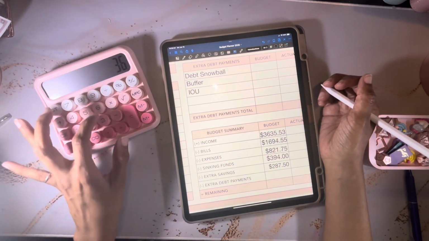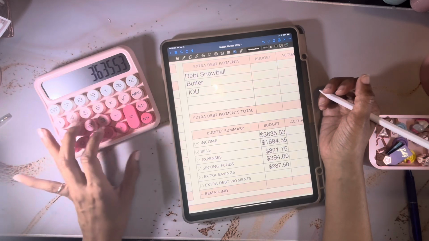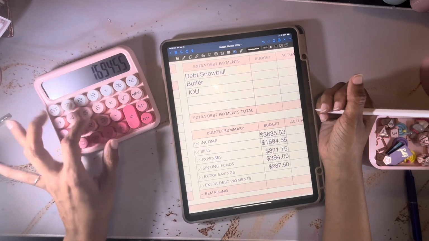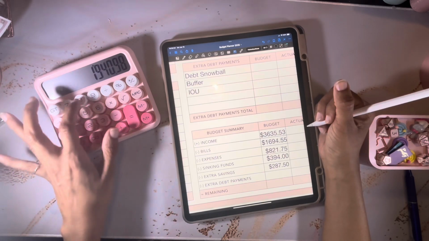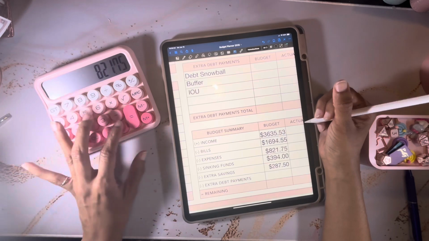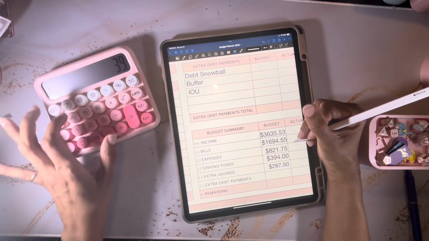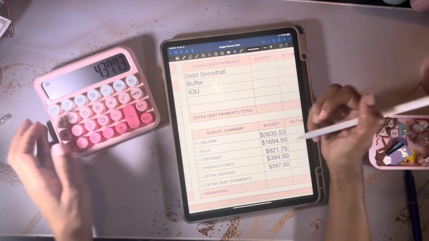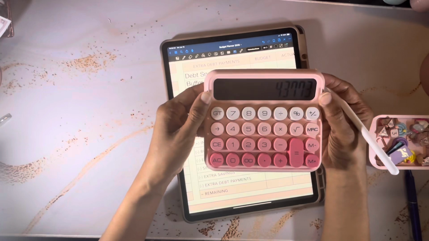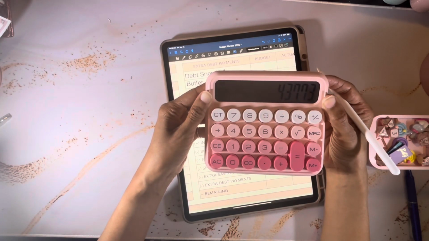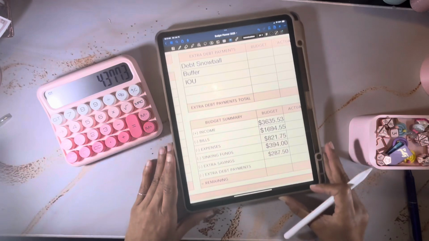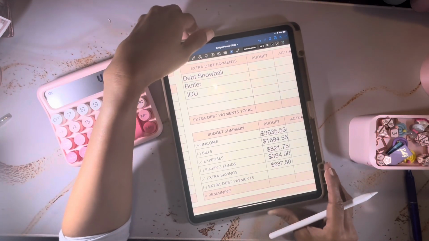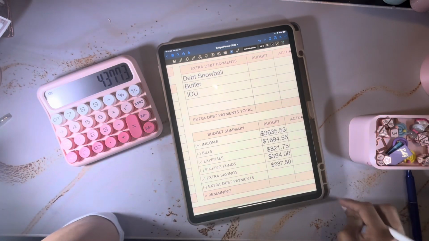Okay, 3635.53 minus 1694.55 minus 821.75 minus 394 minus 287.50. So that gives me a remaining balance of $437.73. So what do I want to do? Okay, so there are some things that I need to take care of.